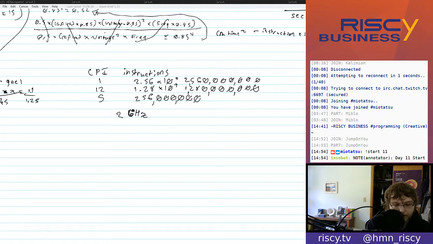So find the total execution time for this program on 1, 2, 4, and 8 processors, and show the relative speedup of the 2, 4, and 8 processors result relative to the single processor result.